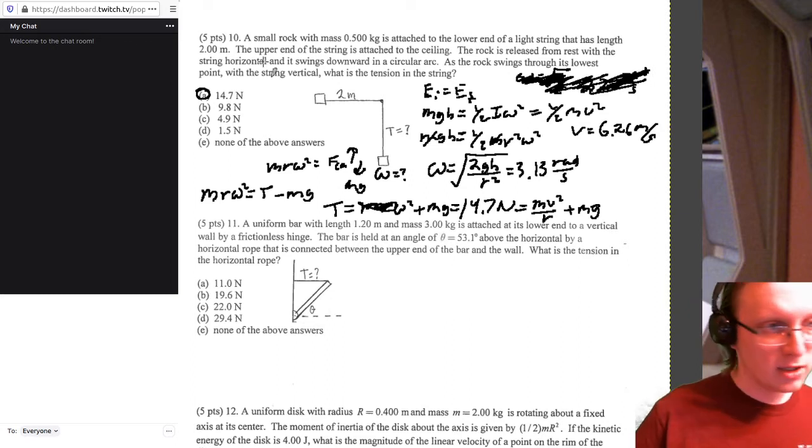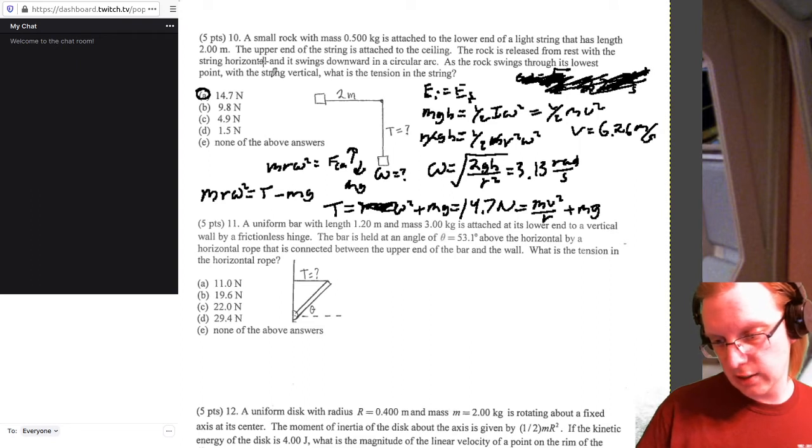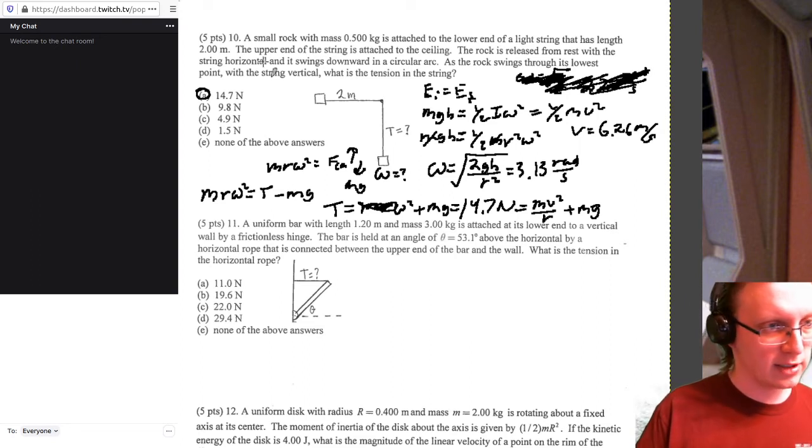Yep, the 4.9 is for people who decide to take the difference instead of adding them together, which means I suspect that the 1.5 is just the m v squared here, right? Nope, that doesn't sound right. Oh, I'll bet that's 9.8 there.